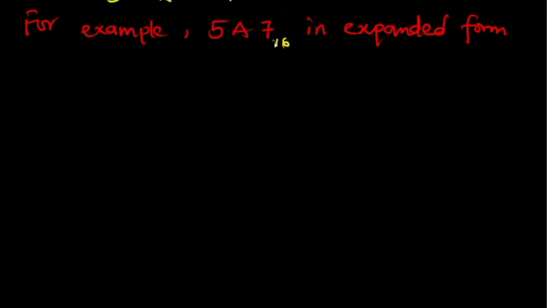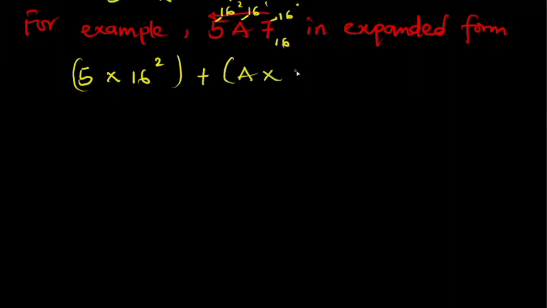Because we already know that the base is 16, the values will increase from right to left like this, and we know that the power will start from 16 raised to the power of 0, this one will be 16 to the power of 1, this is 16 to the power of 2. So we are going to have 5 times 16 raised to the power of 2. We use our brackets to make our work neat. A, remember we know what A is representing, A times 16 raised to the power of 1 plus the last one, 7 times 16 raised to the power of 0.